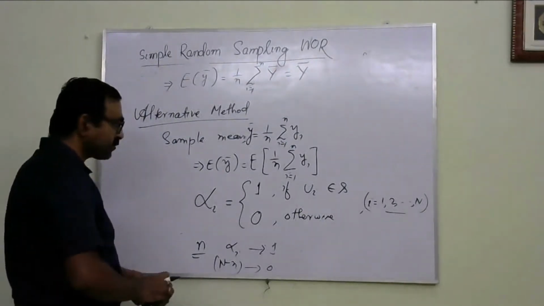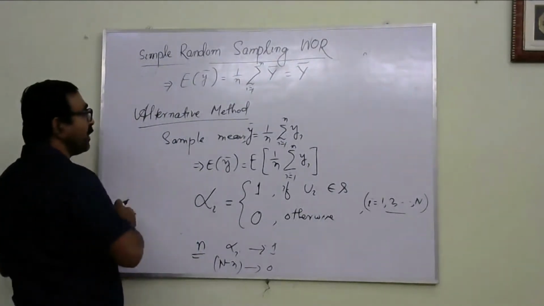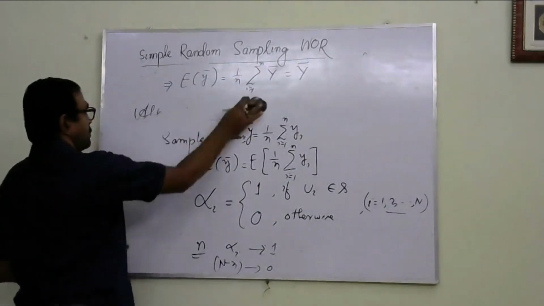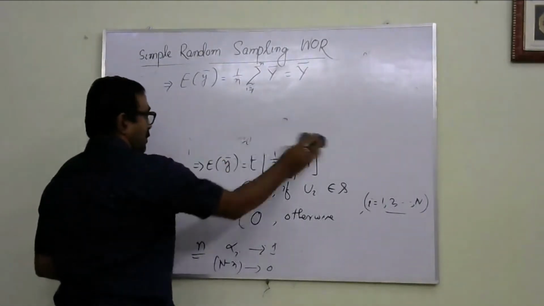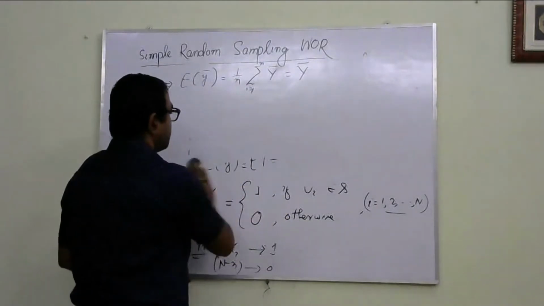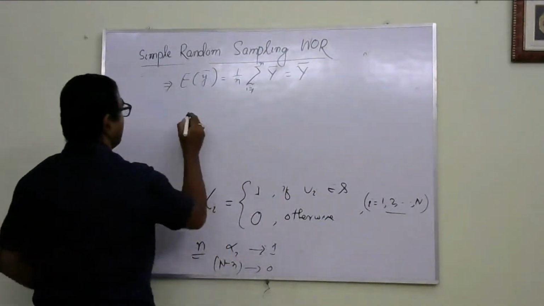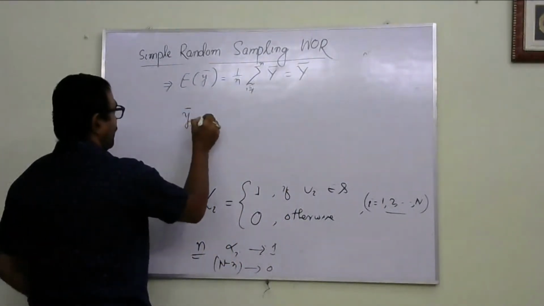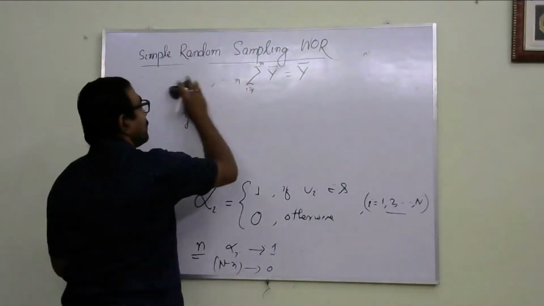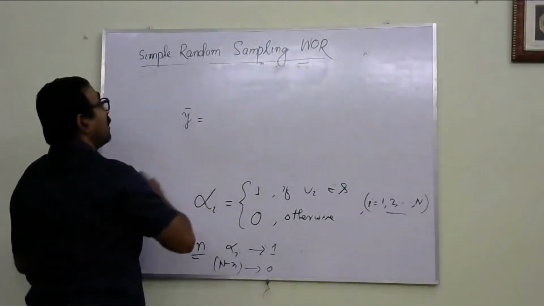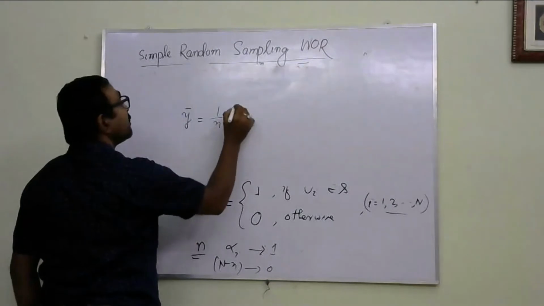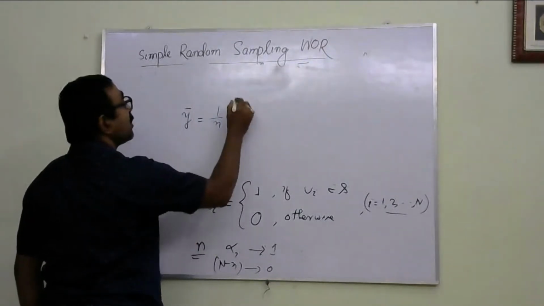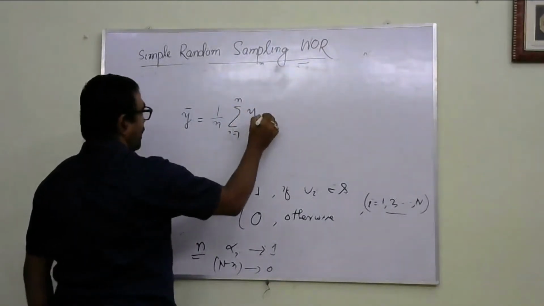So we can write the sample mean y bar equal to 1 by small n summation i equal to 1 to small n y i.